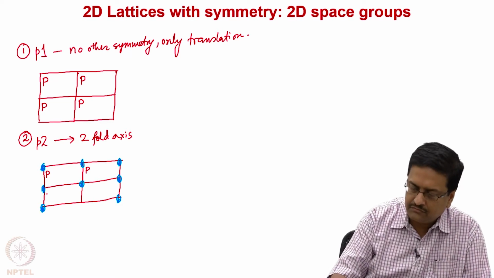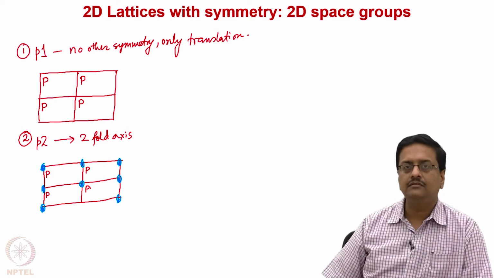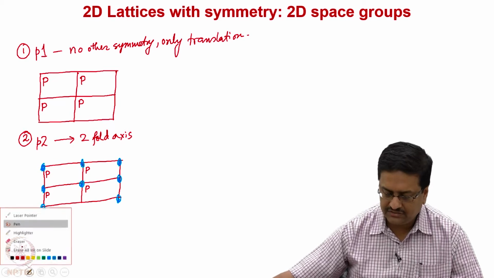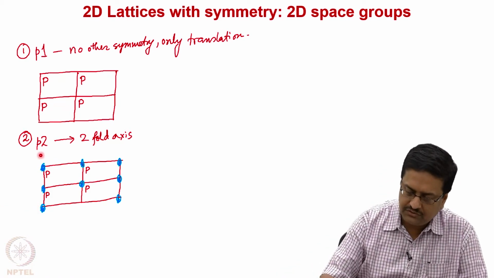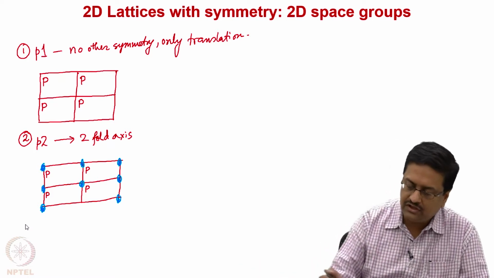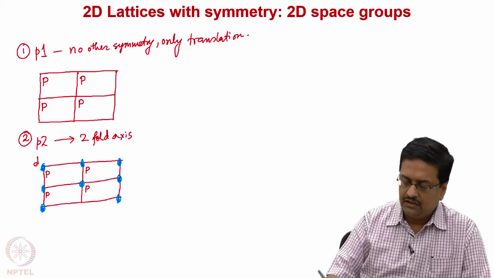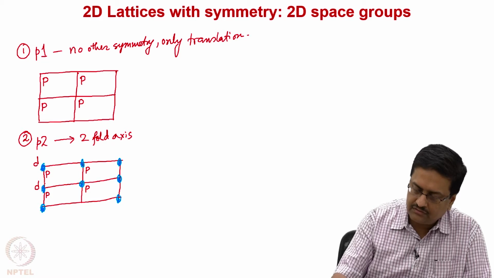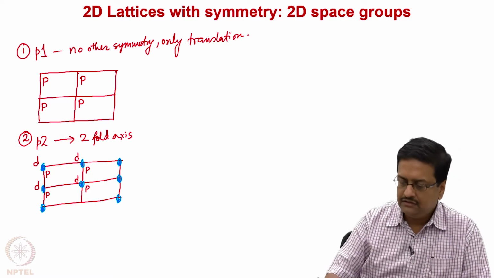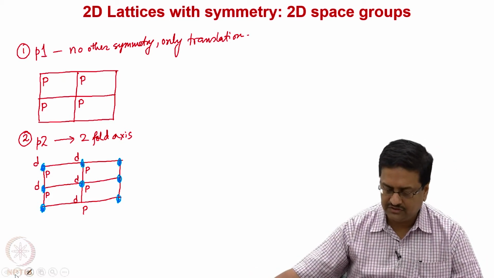So I should have the molecules translated like that, and then based on this twofold axis, if I rotate this, the first P that we have here, which is this particular P, if I rotate it should come outside the unit cell, and we should draw it like this, which looks like D. In the same manner, other P's also can be symmetry operated, and the corresponding translation related molecules can also be drawn.